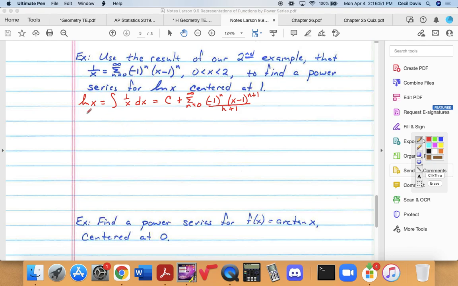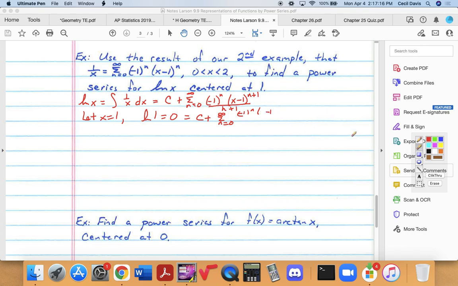Okay. So if we let x equal 1, we've got natural log of 1, which is 0, is equal to c plus the summation as n goes from 0 to infinity of negative 1 to the nth times x minus, oh, that'll be 1 minus 1, won't it?